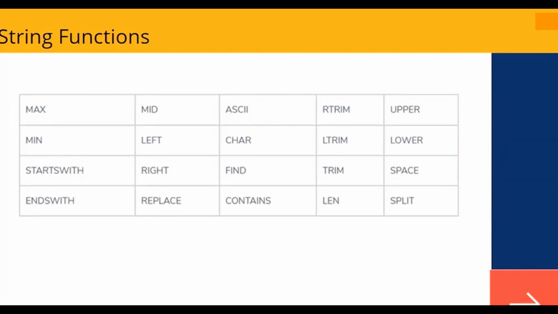And if you wanted to do an ASCII, you can actually do this. If you wanted to return only the leftmost substring from your string, you can do that by making use of the left function.